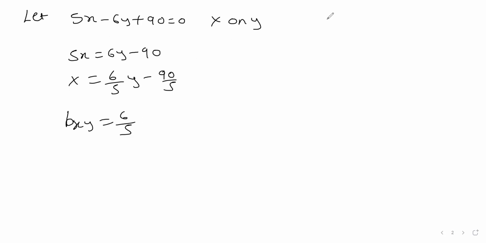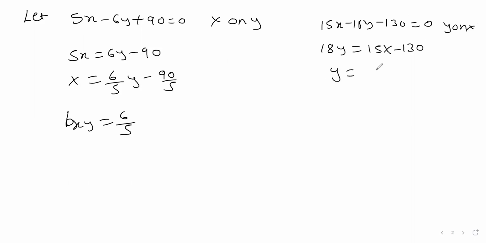This is 1 point something. So if this is x on y, then the next equation, 15x - 8y - 130 = 0, is y on x. So 8y = 15x - 130. So y will be 15/8 x - 130/8.